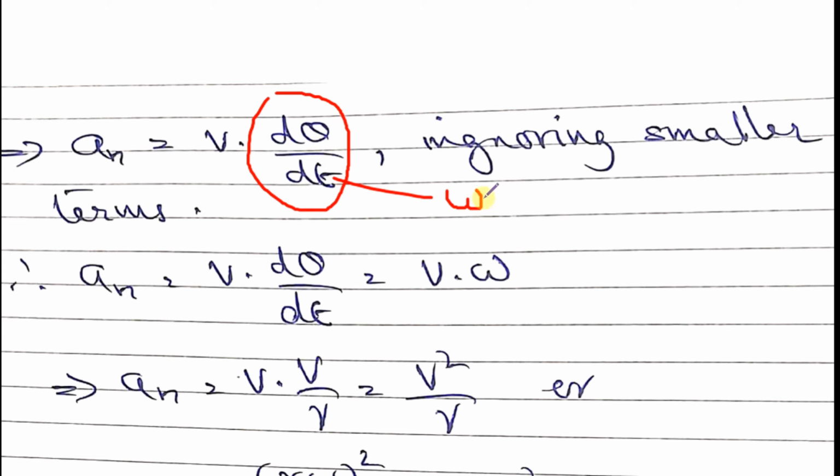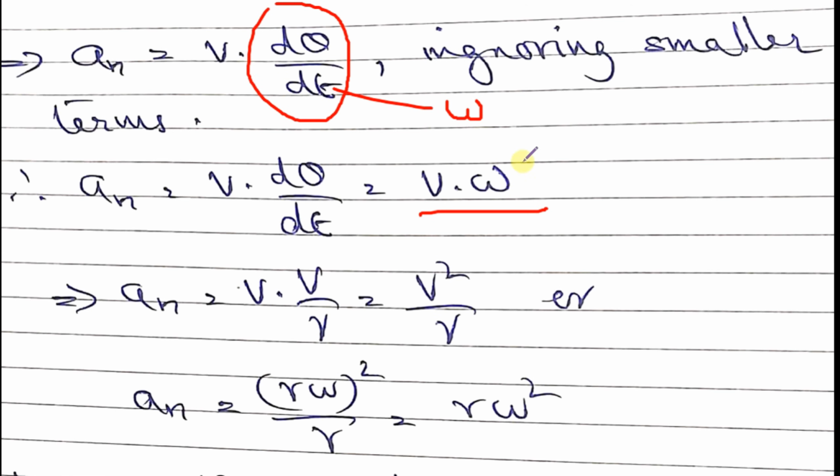So AN is equal to V into omega. Then we know another expression, omega is equal to V by R, since V equals R omega.